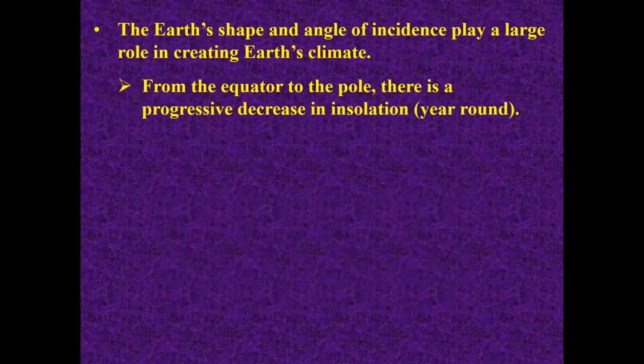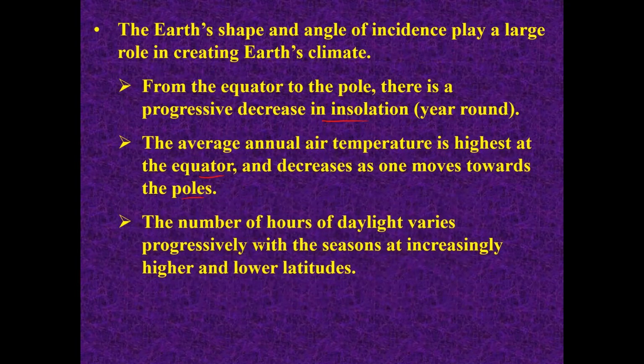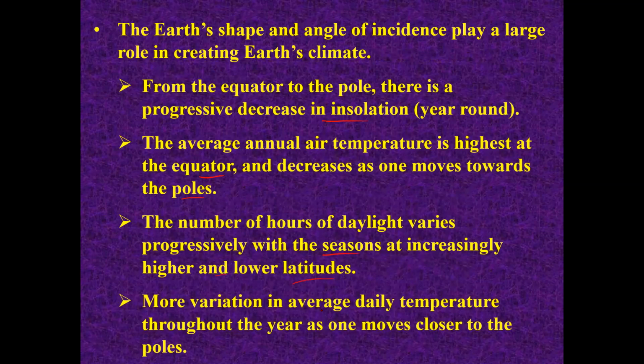From the equator to the pole, there's a progressive decrease in insolation. Average annual air temperature is highest at the equator and decreases as one moves towards the poles. The number of hours of daylight varies progressively with the seasons, increasing at higher latitudes. There's more variation in average daily temperature throughout the year as one moves closer to the poles.